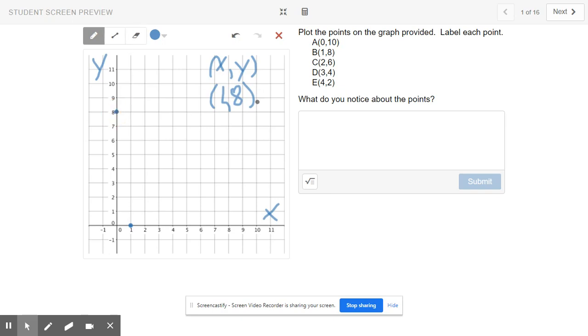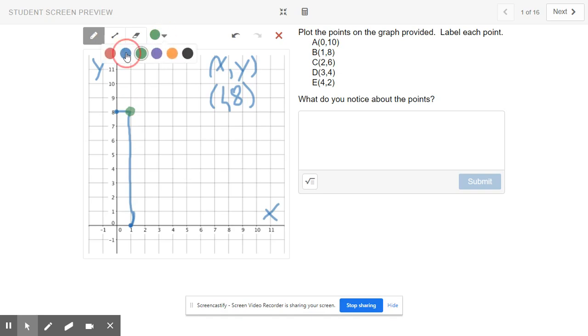And I know that the point 1, 8, or the coordinate, that's what else we would call these, is going to be where 8 and 1 meet. So if I were to trace these lines until those two meet, I'm going to end up with the point 1, 8. Okay.